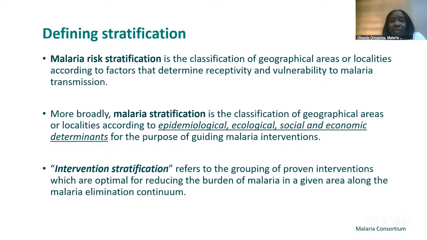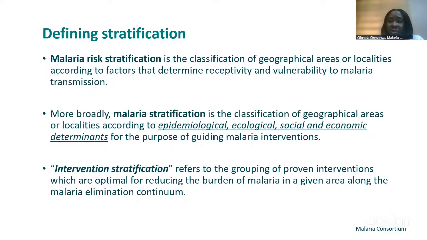Just by way of definition, malaria risk stratification is the classification of geographical areas or localities according to specific factors that determine receptivity and vulnerability to malaria transmission.